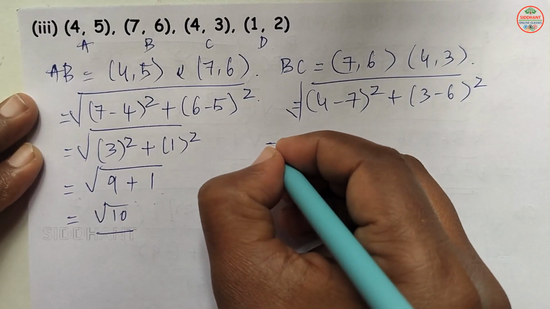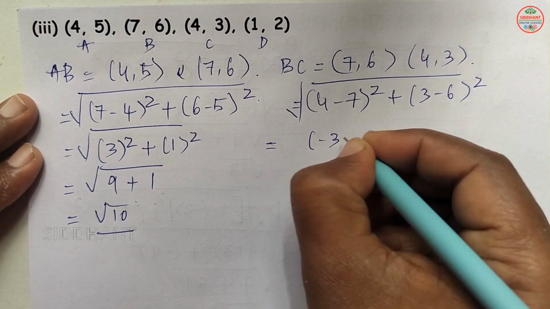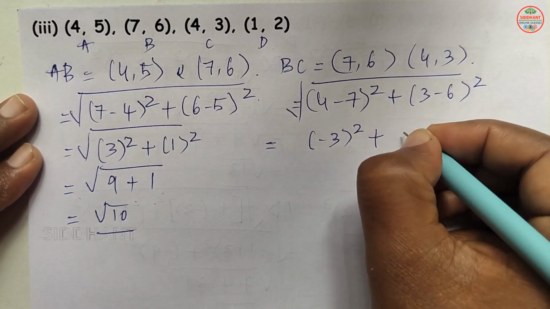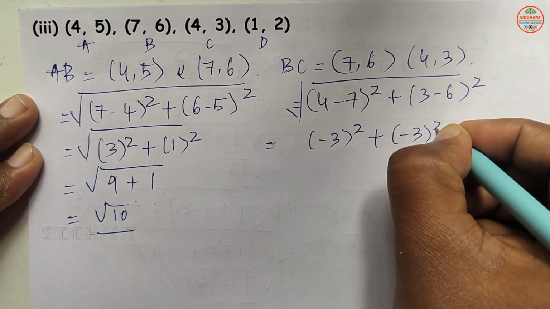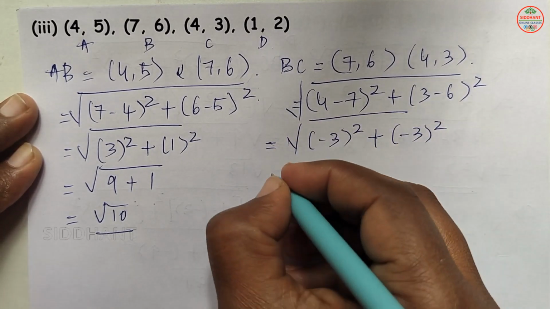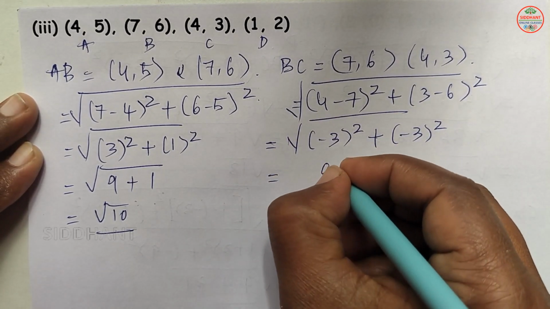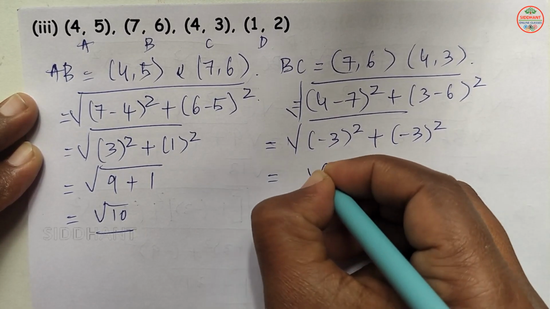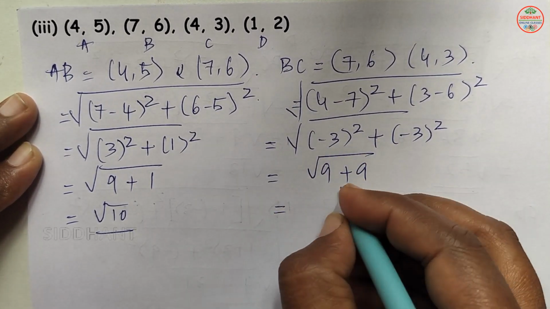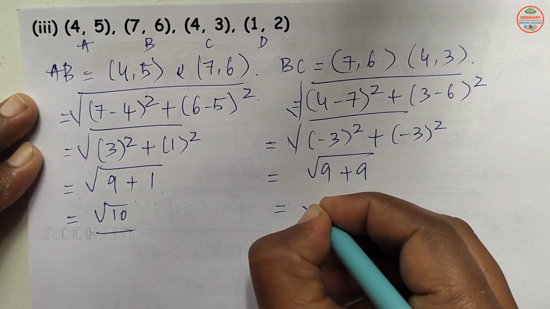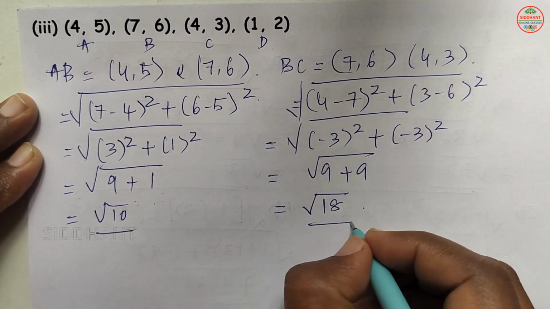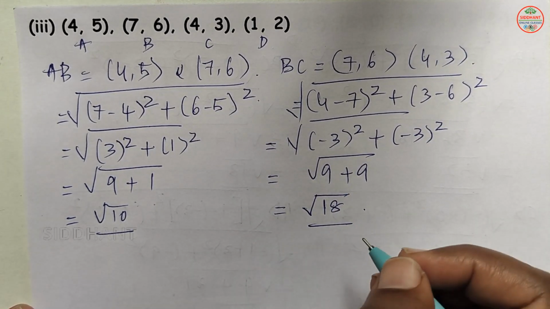Next, minus 3 whole square plus minus 3 whole square. 3 square will be 9, so 9 plus 9, 18. So root 18, BC is root 18.